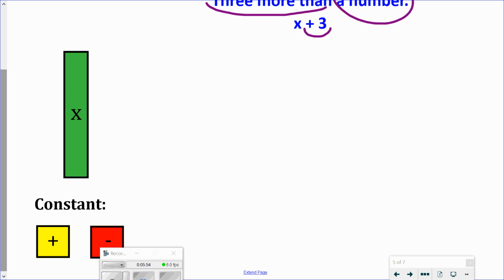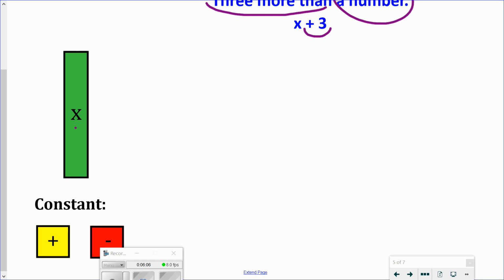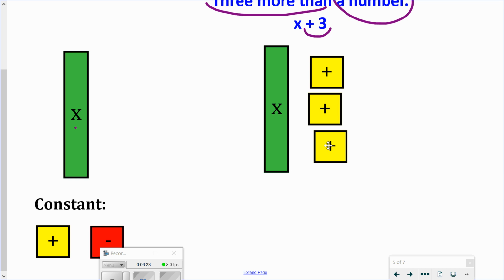If we're using our algebra tiles for this, that means we have x plus 3. So now here I have x and I have plus 3. These are my constants, and my yellow is my positive ones and my red is my negative ones. So if I have plus 3, that's plus 1, plus 2, and plus 3. So that would represent x plus 3.